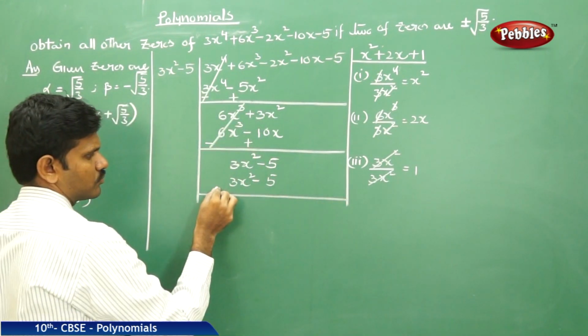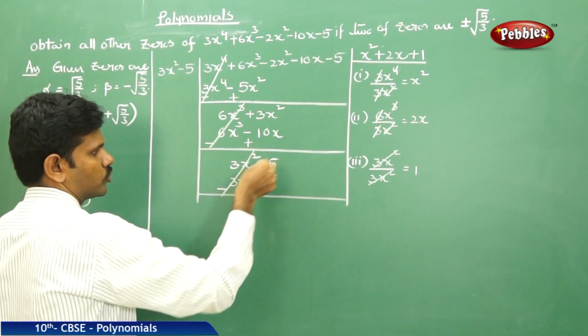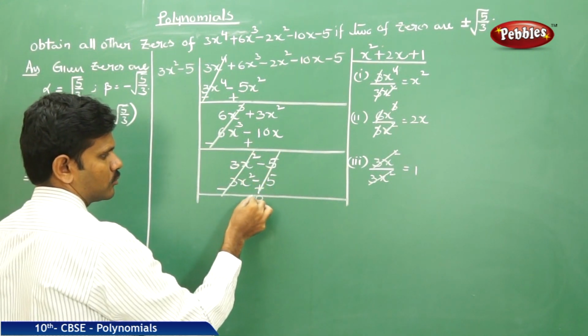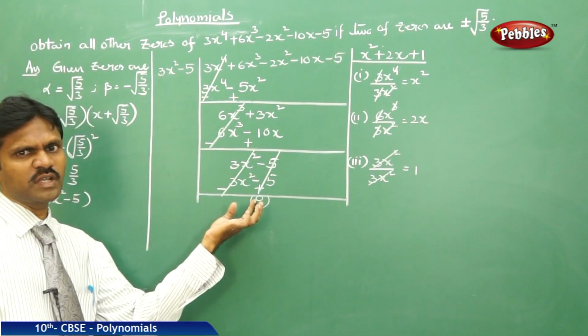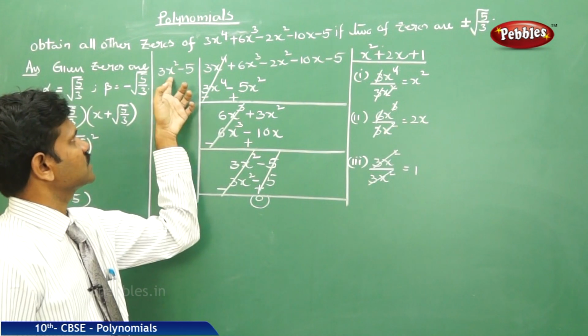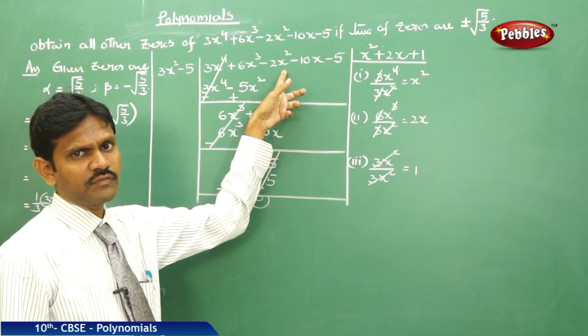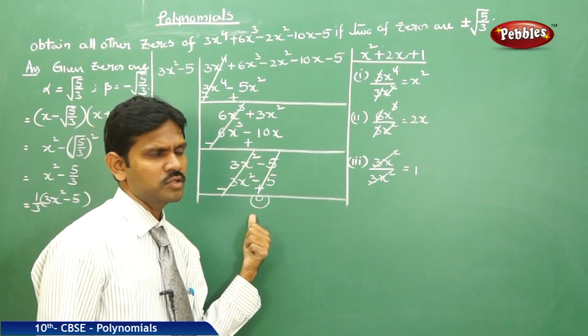Now subtraction process, change the signs, minus plus, both the terms get cancelled. Remainder is 0. What does remainder 0 mean? Remainder 0 means that 3x square minus 5 is a factor of the given polynomial. A factor means it will leave the remainder 0.